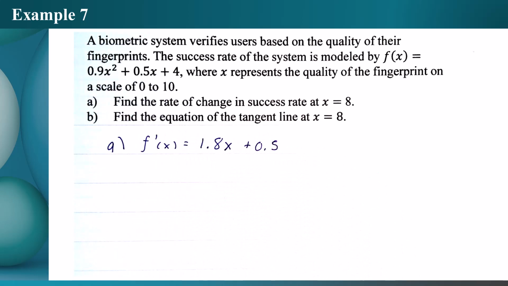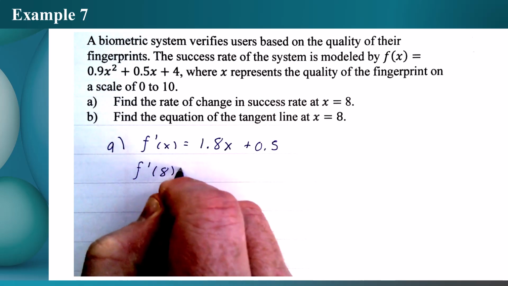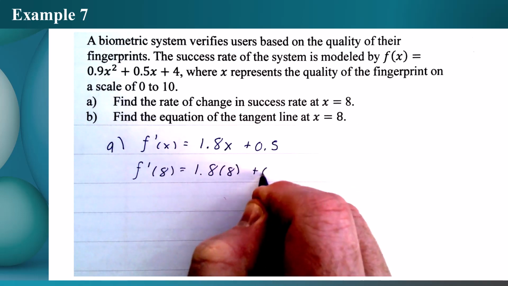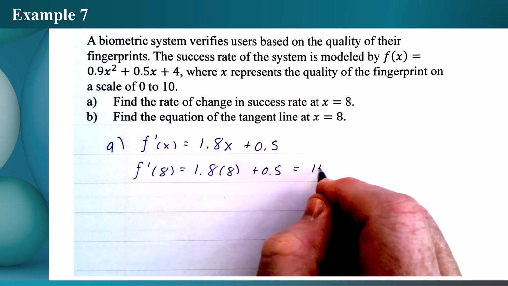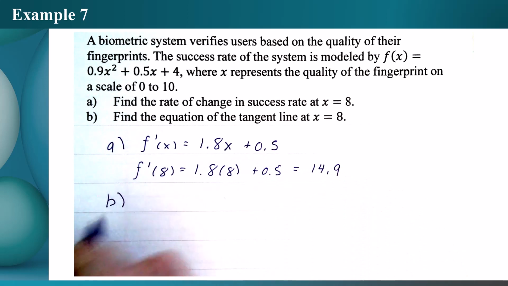Because 4 is a constant, we get 0. So f prime of x is equal to 1.8x plus 0.5. And from here, we can see that f prime of 8 is 1.8 times 8 plus 0.5, and that just gives us 14.9. All right, now let's take a look at part B.